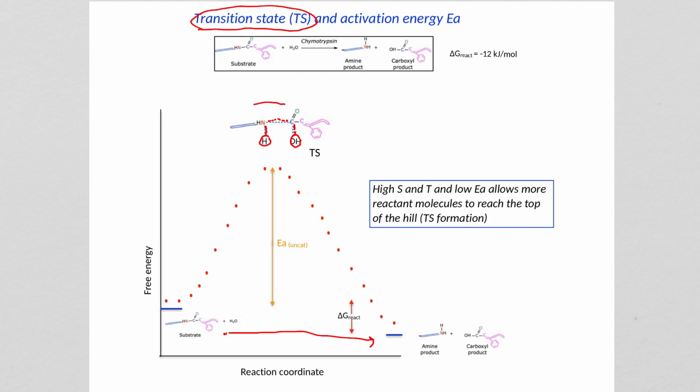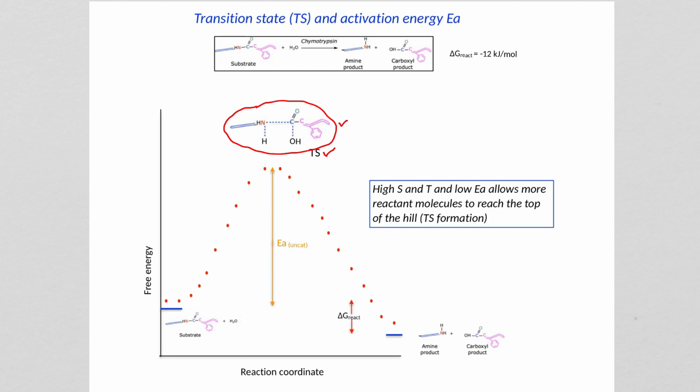So this is called the transition state of this reaction. We hypothesize that there must be some sort of a transition state that is formed. This transition state we cannot observe or isolate. We simply hypothesize there must be something like this form before the products are formed.